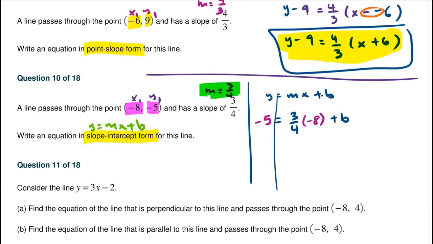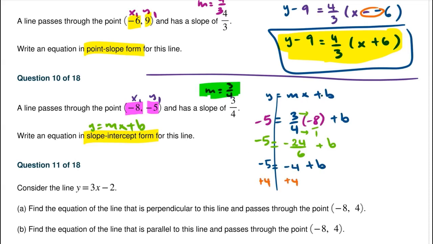And we solve for b. -5 equal to 3/4 times -8, which is 8 over 1. You can multiply straight across. That gives you -24/4 plus b. So that will be -5 equal to -6 plus b. Then we get b by itself by adding 6 on both sides. That gives you 1 equal to b.